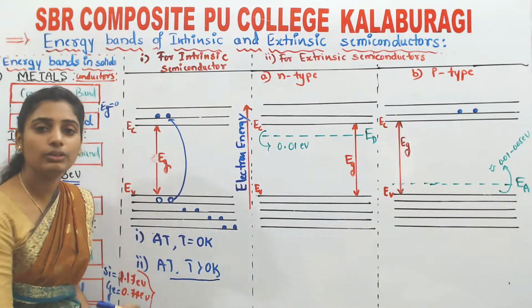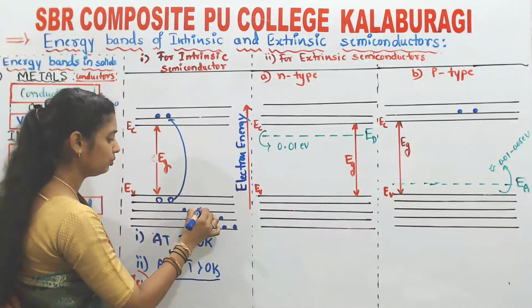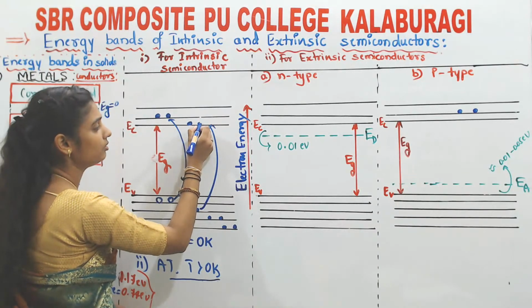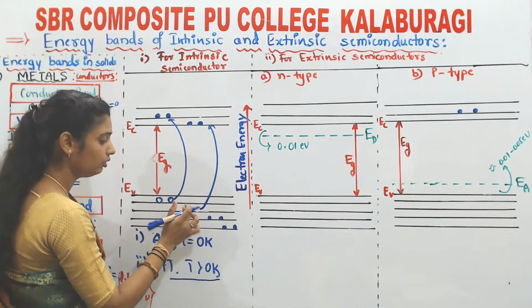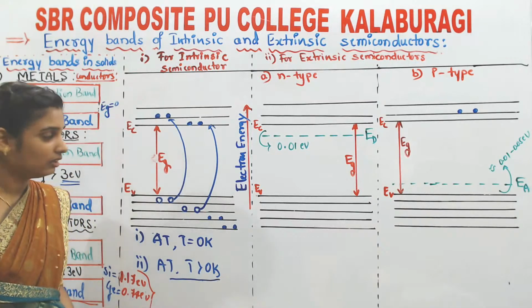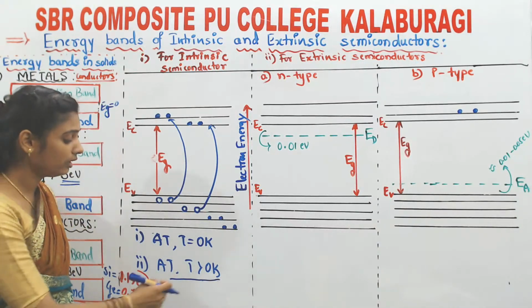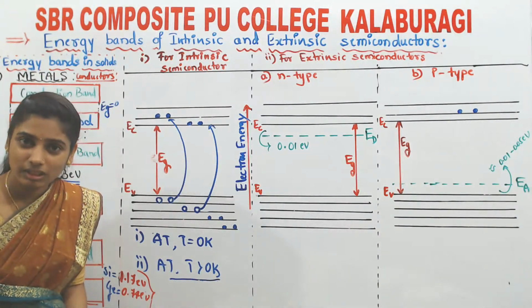Holes. In the same manner, if these two electrons jump here, they leave two holes in the valence band. This is what happens at a temperature greater than 0 Kelvin in intrinsic semiconductors.